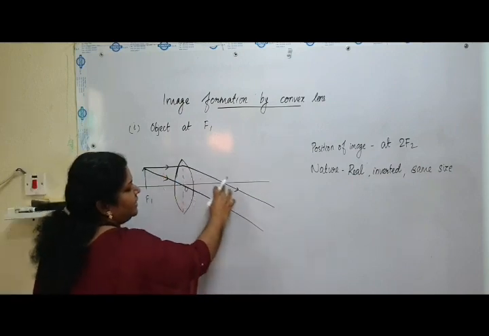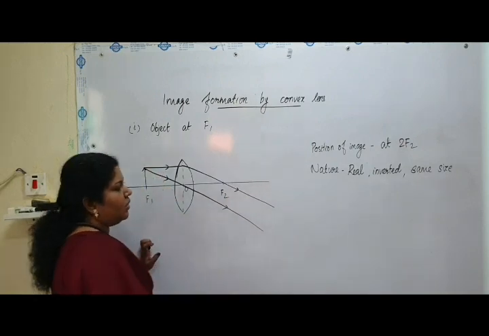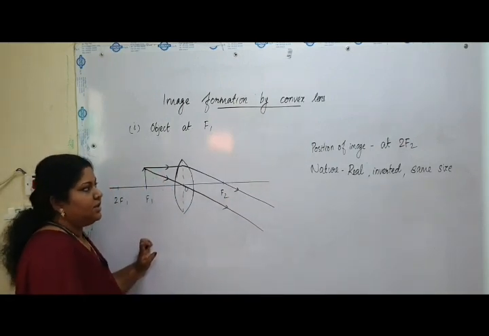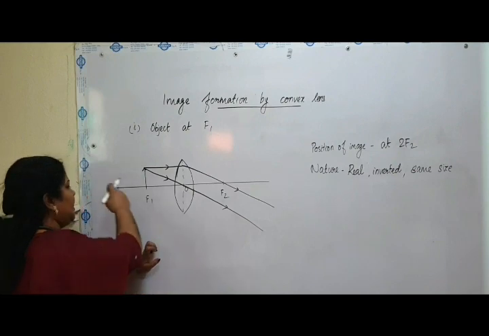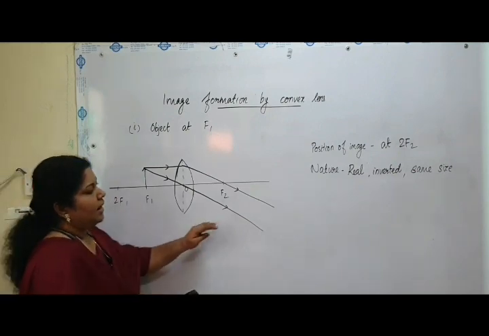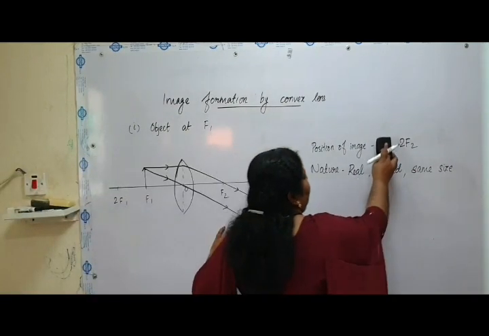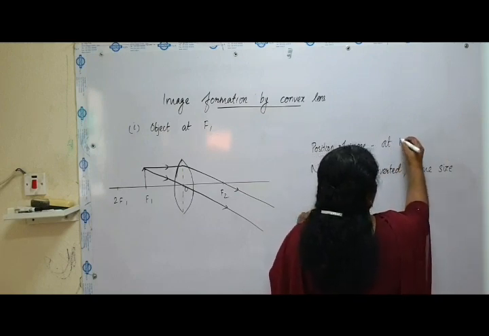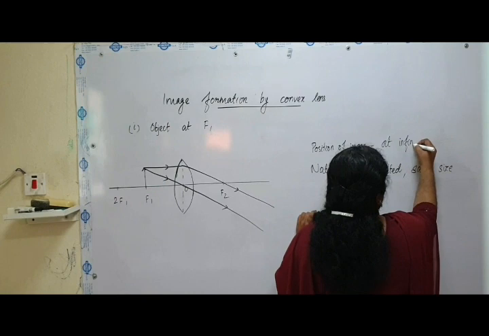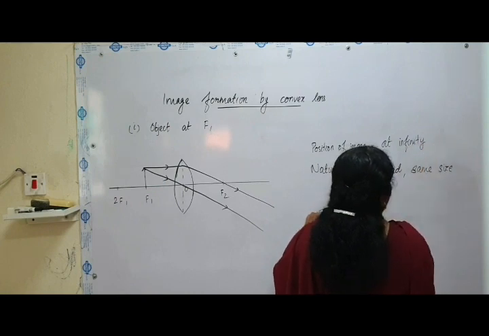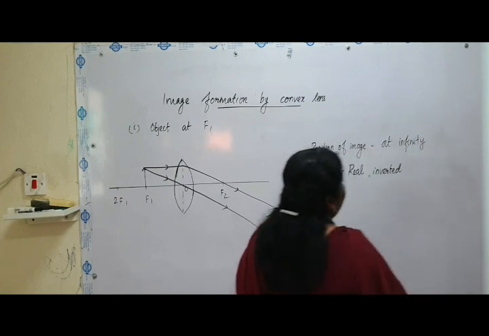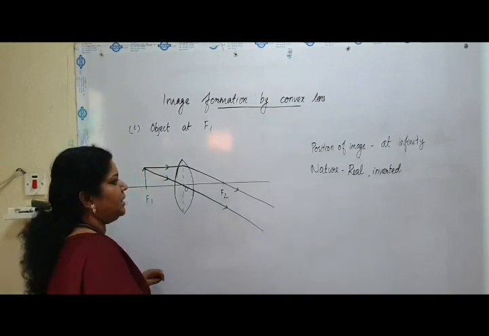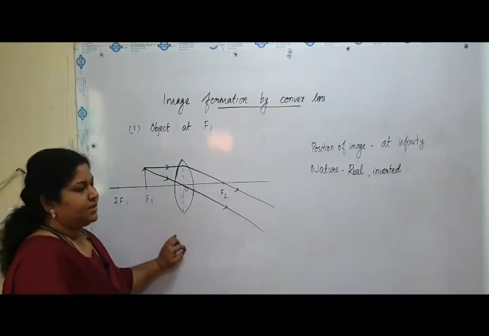Here you can see that these will not meet anywhere, or we can say that the image is formed at infinity. When the two rays are parallel, we say they will meet at infinity. So it is a real, inverted and highly enlarged image which is formed in this case.